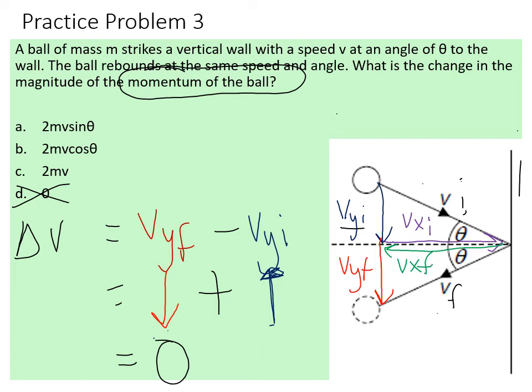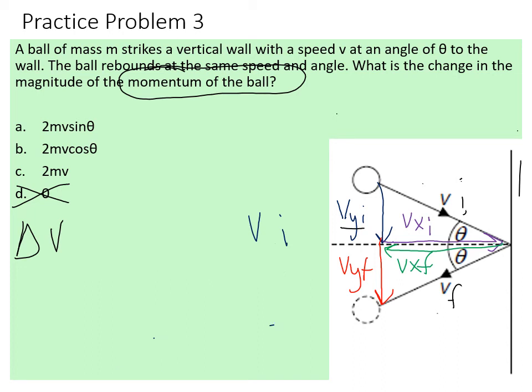Let's now look at its horizontal velocity. Delta Vx will equal its Vx final minus its Vx initial. Trying to keep with the color scheme here. Same thing, I'll do this vector addition graphically. So this arrow points to the left for the Vx final, minus this purple arrow that points to the right.